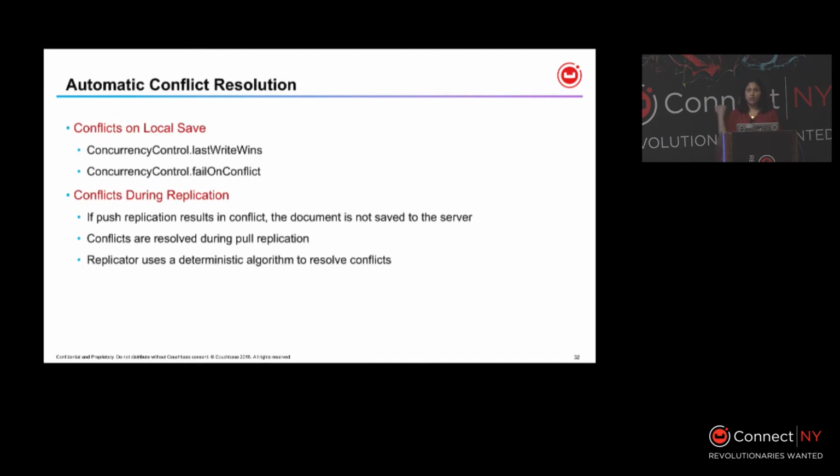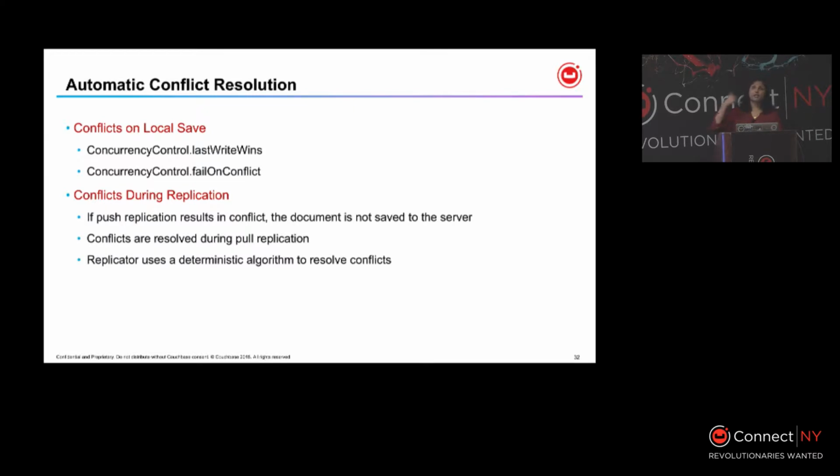And in 2.0, this is what is done. On local save, every time you try to save a document locally, this is the policy: last write always wins. You have the option of saying that if there is a conflict, fail on conflict, so notify me and I'll take care of what I have to do. But there's never going to be a conflict resident in your database. So it's a conflict-free mode essentially.